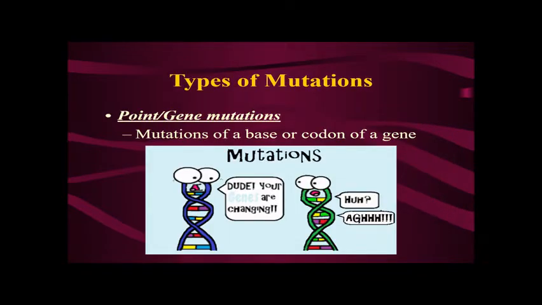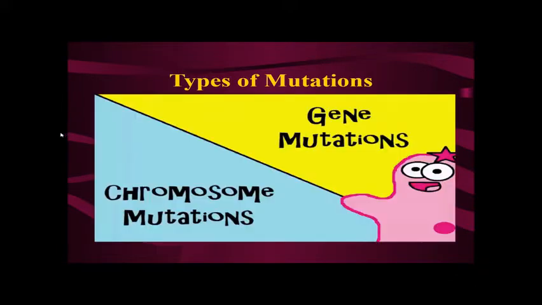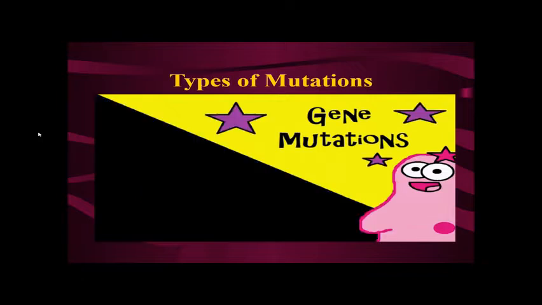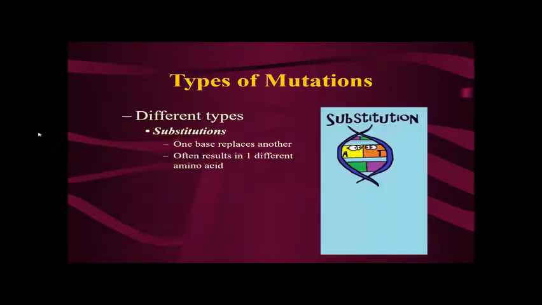So there are different kinds of mutations, and one is called a point mutation or a gene mutation. And this is a mutation of a base or codon of a gene. Of point or gene mutations, there are three main types.